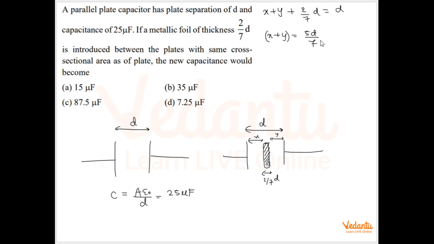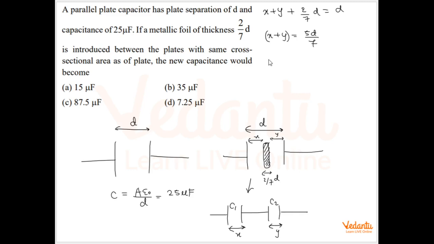This will become important later. Now beta, since this is a metallic plate, it divides this into two separate capacitors. One capacitor with a thickness of x and another capacitor with a thickness of y. Both of them in series.